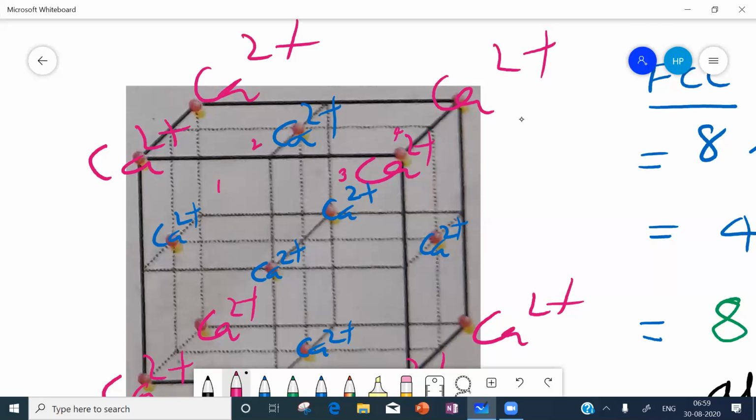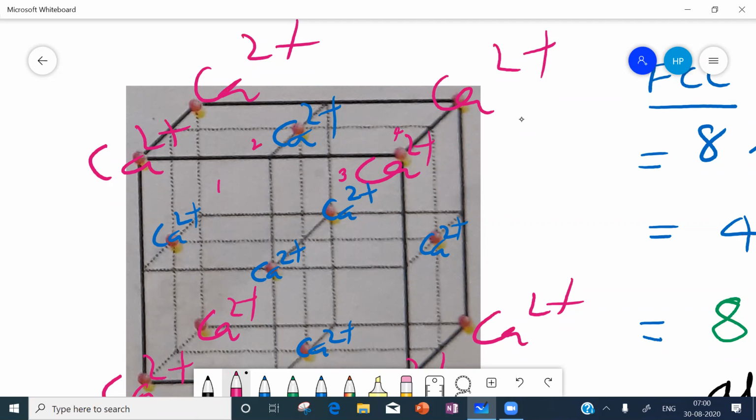Then you say this face center calcium ion is in contact with how many small cubes in the FCC lattice?